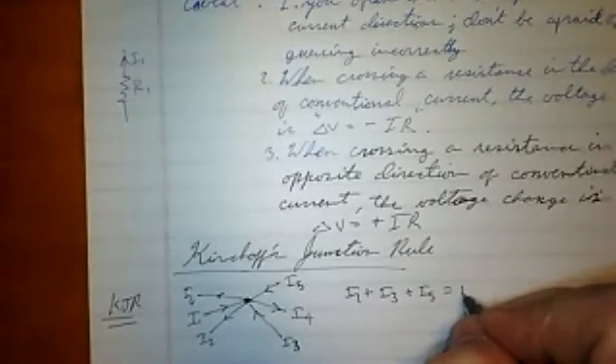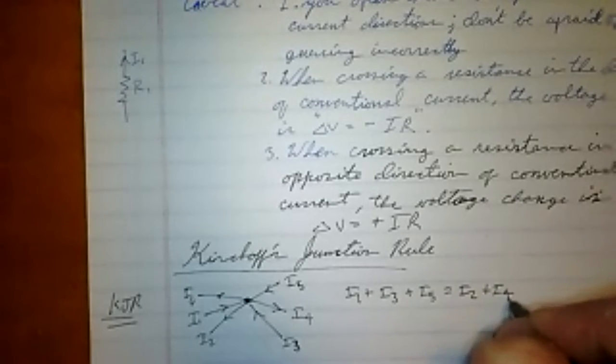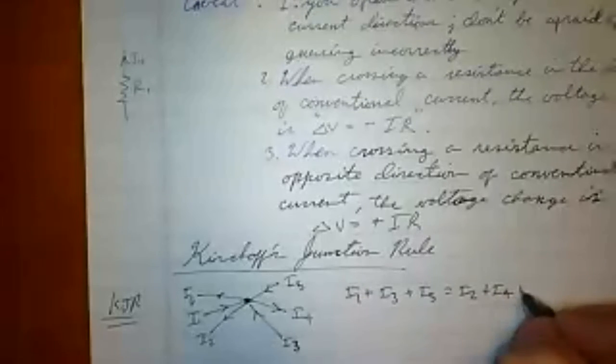So let's take all the ones that are going in. Well, I1's going in, so I'll say I1 plus I3 is going in. I5 is going in. And that looks like the last one. That's got to be equal to I2 plus I4 plus I6.